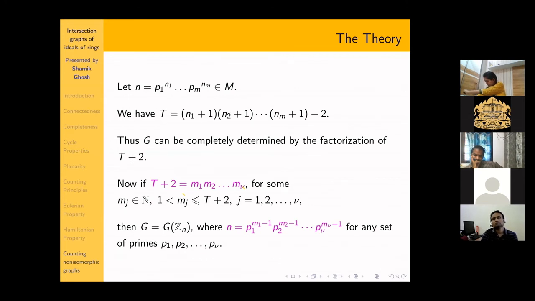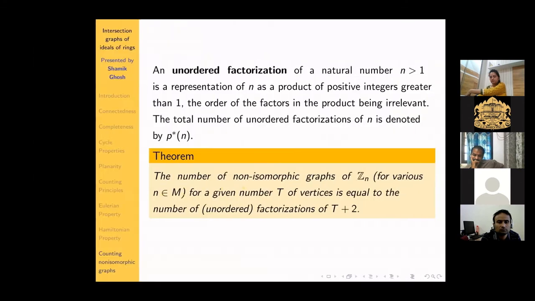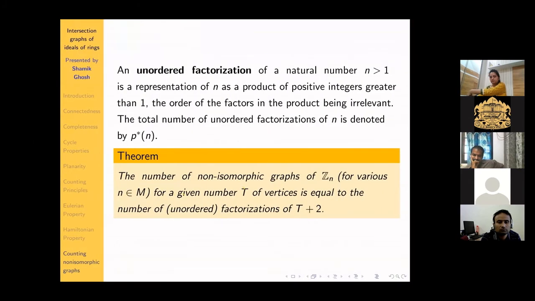If we can factor it as m1, m2, up to m nu, then this is a graph of Zn, where n is p1 to the power m1 minus 1, p2 to the power m2 minus 1, and so on. So the whole thing becomes the number of unordered factorizations of t plus 2. We say that it is an unordered factorization where we do not distinguish between 2 into 3 and 3 into 2.